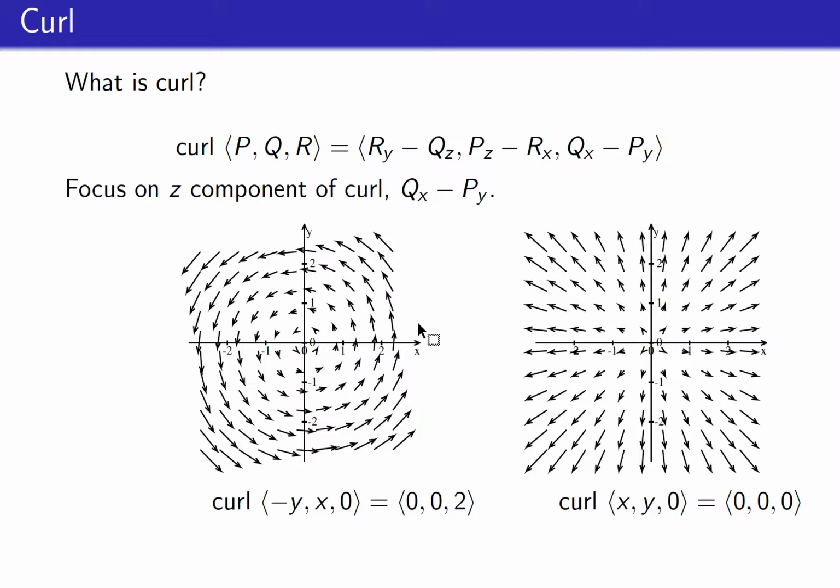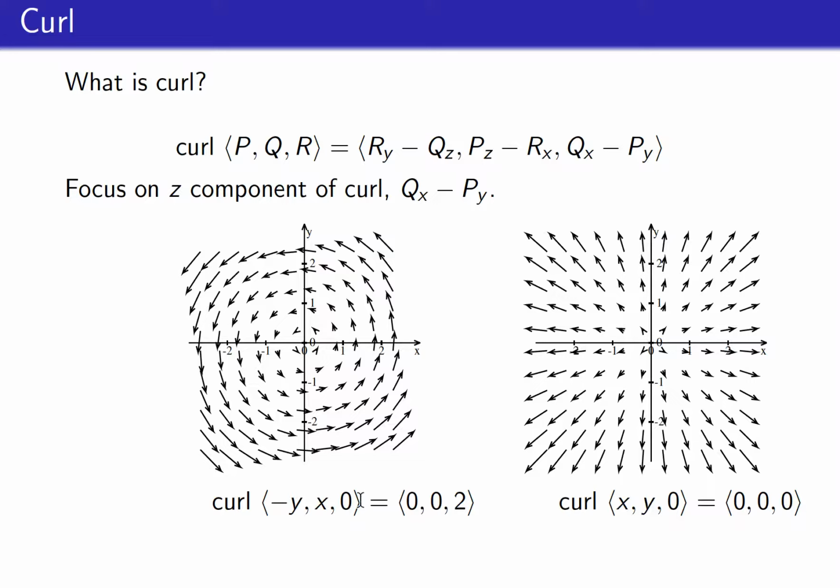You notice that I don't have these vectors pointing up or down at all. This is 0 here. That means r is 0. So everywhere I see r, it's going to be 0. And also, this is not changing with respect to z. These do not depend on z. So partial derivative with respect to z of anything is going to be 0. So this is guaranteed to be 0.